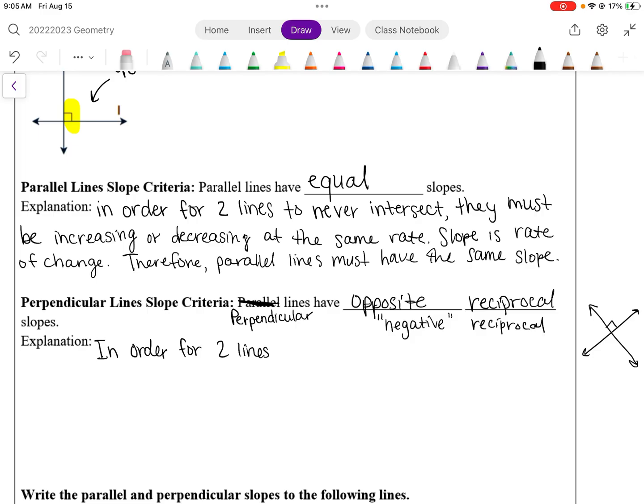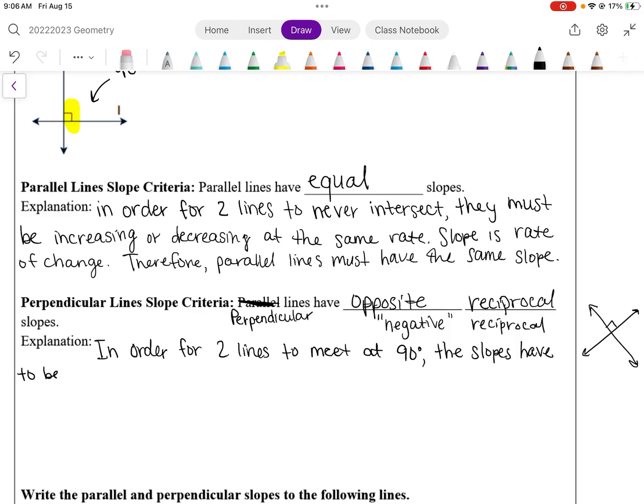Let's put in order for two lines to meet at 90 degrees. Nope, I already put the degree symbol. Meet at 90 degrees.